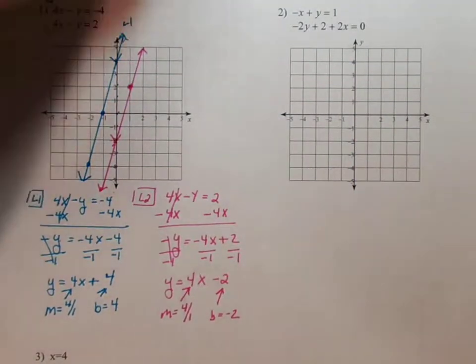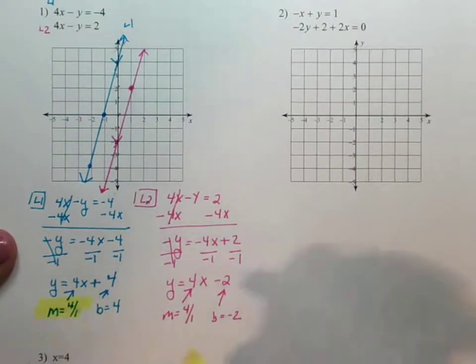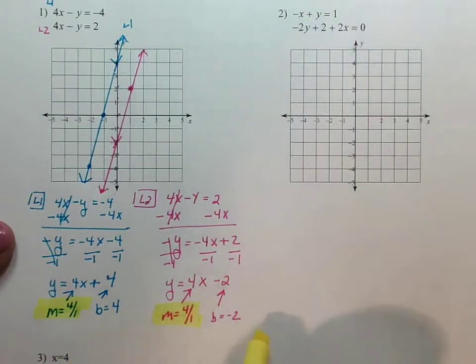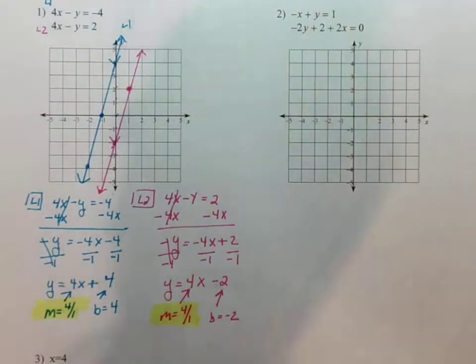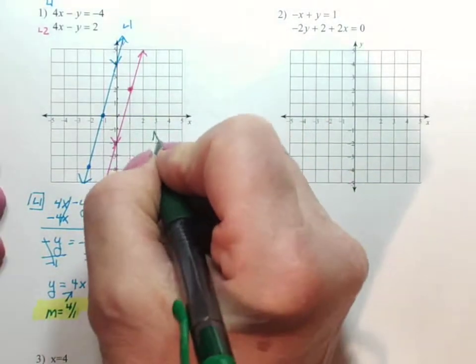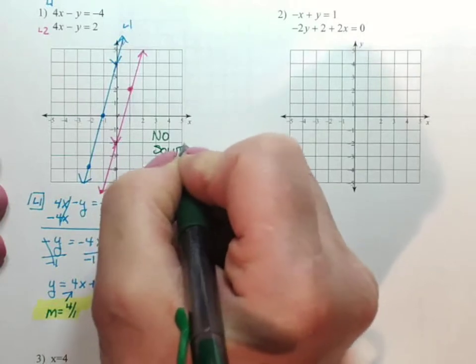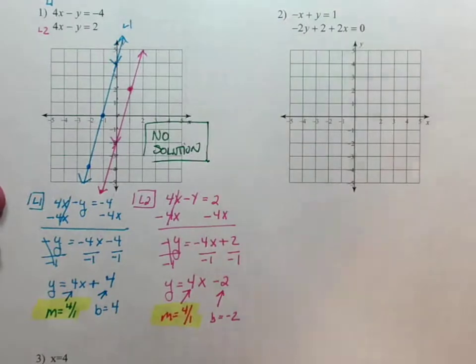You should notice that we had the same slope. The y-intercepts are different. So our answer is no solution. That is one of our special cases.